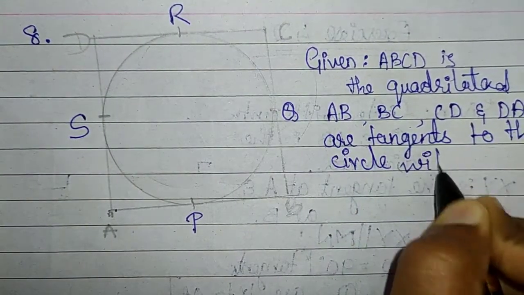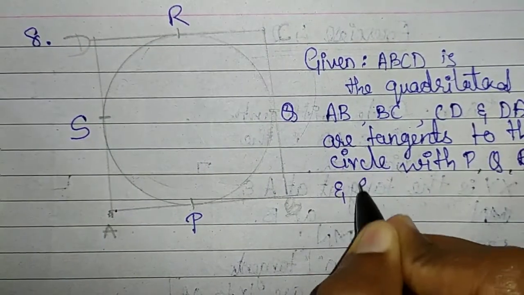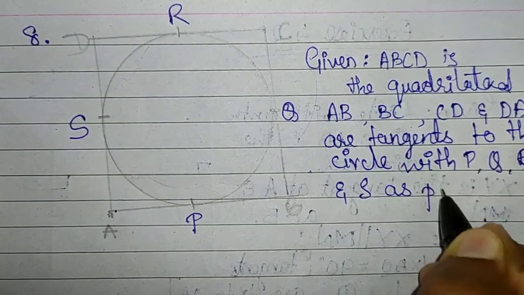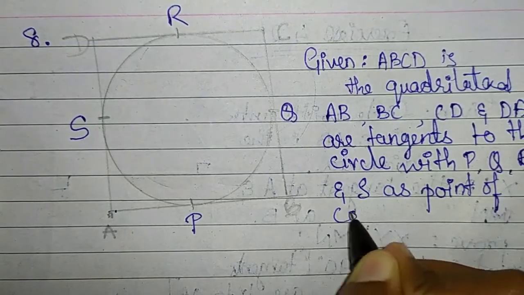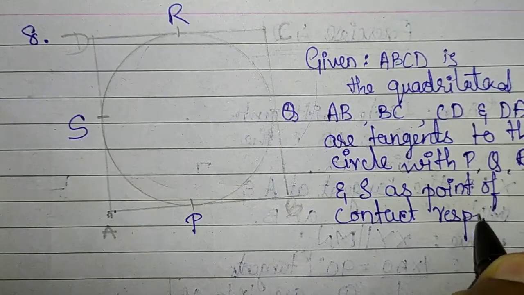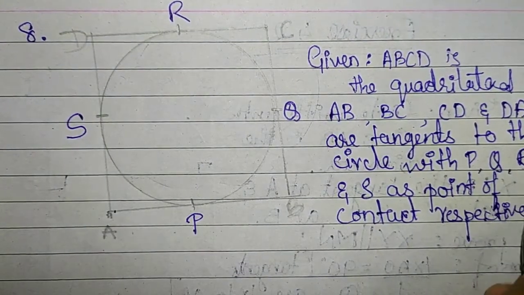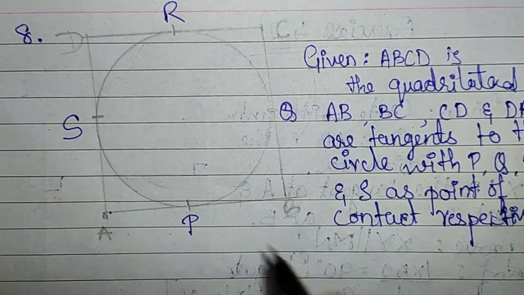with P, Q, R and S as points of contact respectively. So also we know that whenever there are two tangents from an external point, then their lengths are equal.